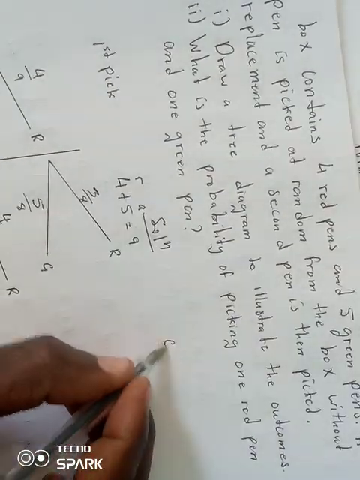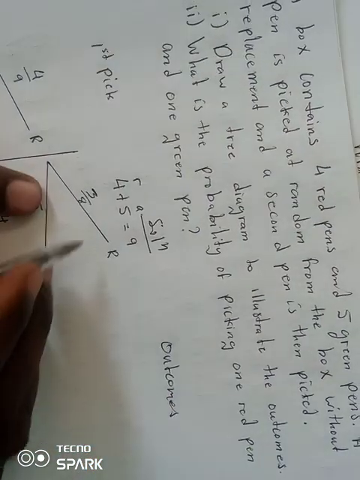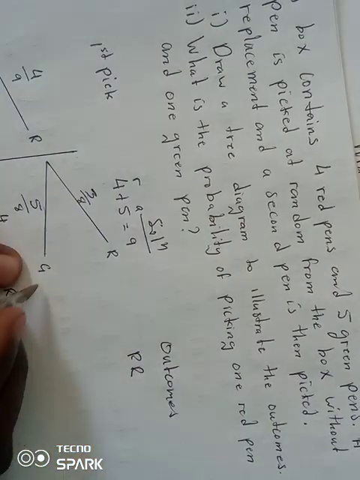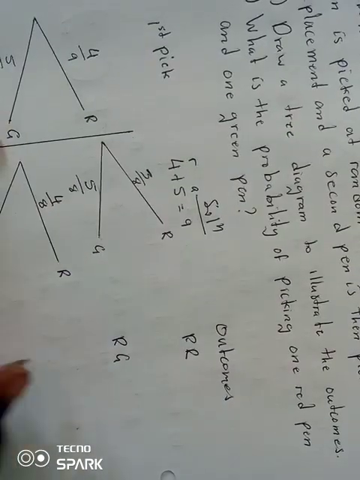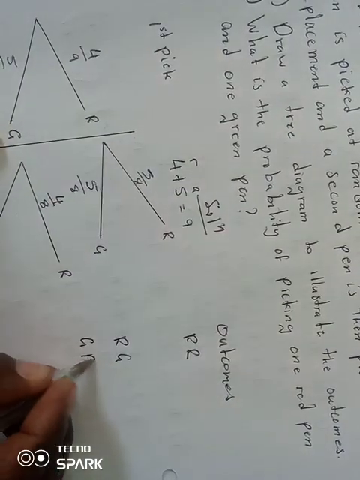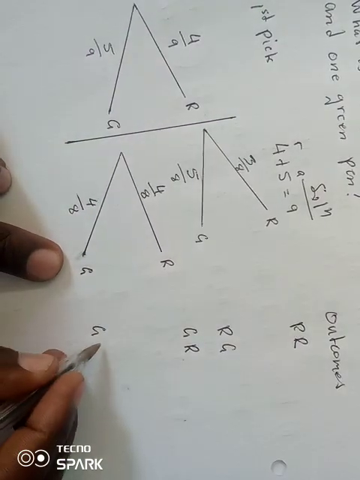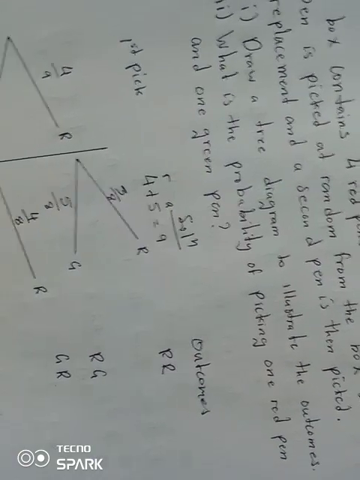So the outcomes are red and then red, green, and then here we have green, red, and then the last one we have got green. Okay, let's go to the second question.